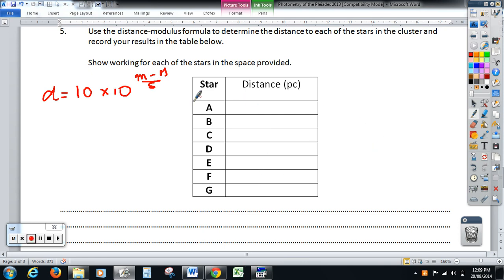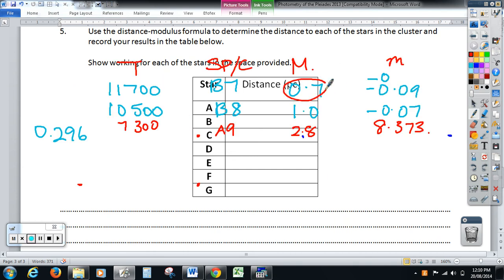Okay, so we can do these three here because we have these values here. For star A, the apparent magnitude, remember the apparent magnitude is now the visual magnitude, it's always the same, is equal to 2.87. We calculated that the absolute magnitude was equal to 0.7.